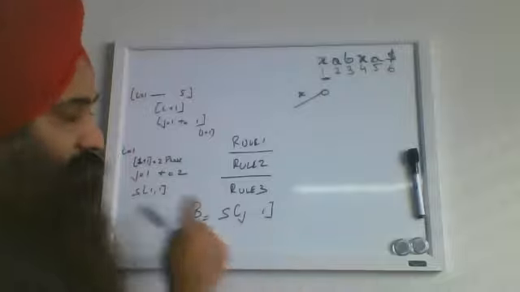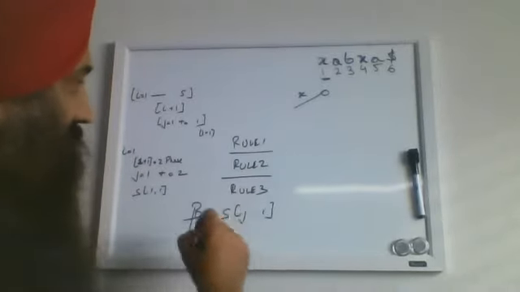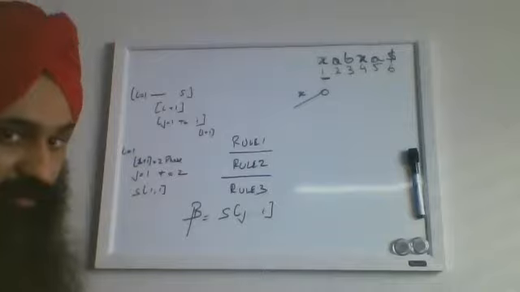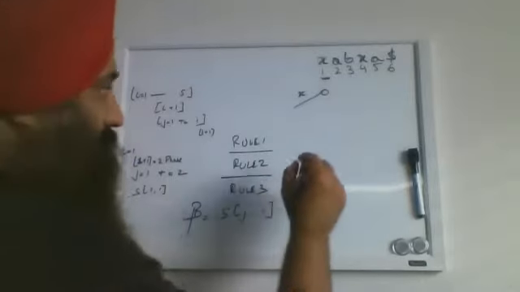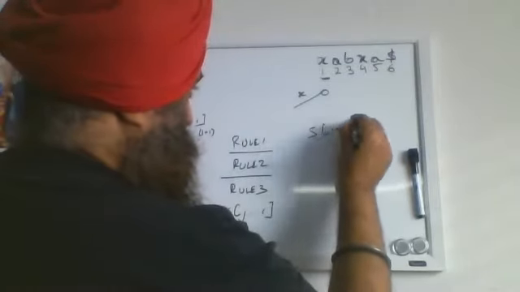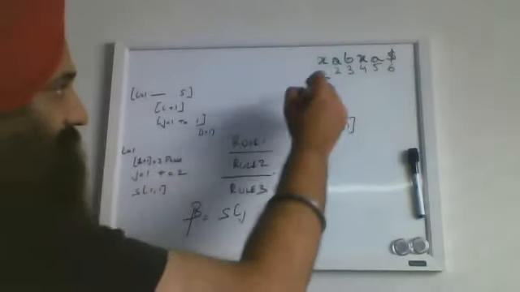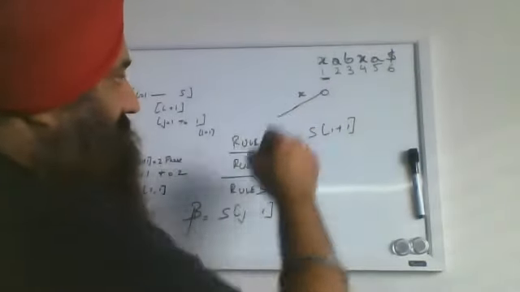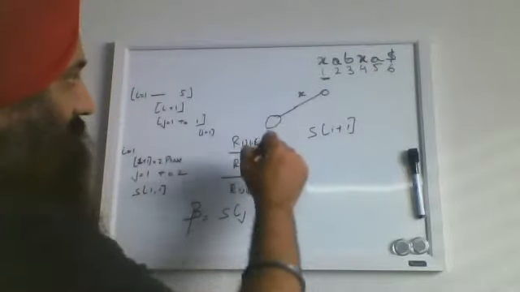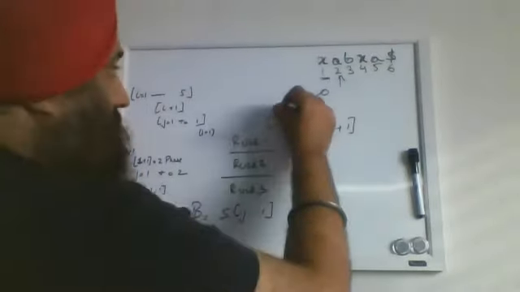Rule 1 says, if s of j to i exists in the suffix tree ending at a leaf node, then you just add the character s of i plus 1 to that leaf node. Like in this case, x is ending at a leaf node. Suppose we pick up the next character a. So rule 1 will apply, we will add a to it.